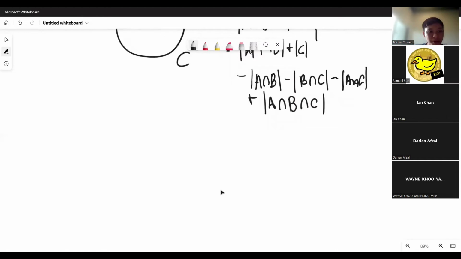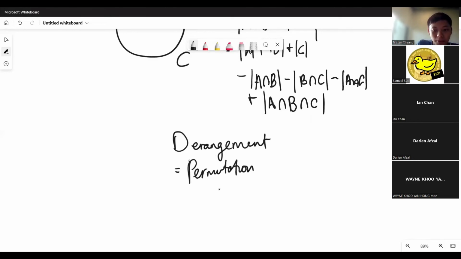So we define there what a derangement is. A derangement is a permutation with no fixed points.